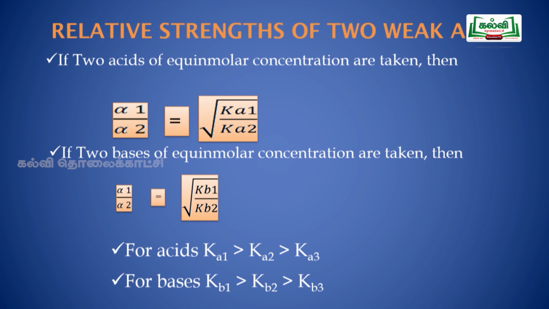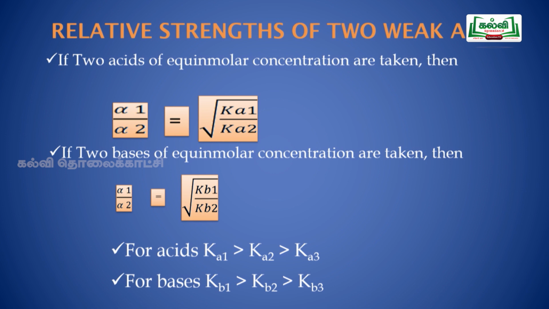So, alpha 1 is root Ka 1 over C, alpha 2 is root Ka 2 over C. What is given in this? Equimolar concentration. That means the concentration will be the same, and you can cancel it out.